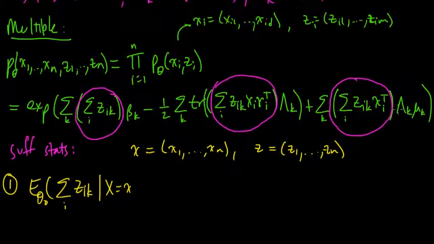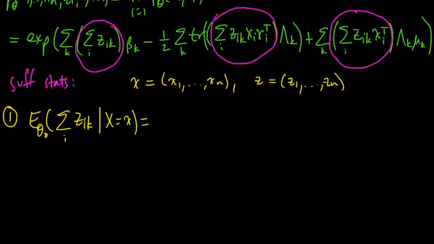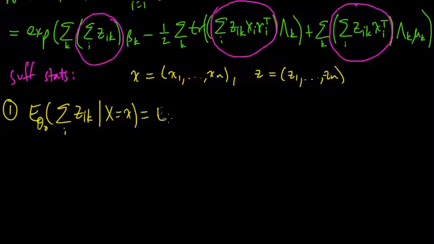Each of these is one of these vectors. So we need this conditional expectation equal to the expectation under just theta alone of the same thing. Sum over i, z_ik, that's a random variable; this is also random z, that should be clear from the context.